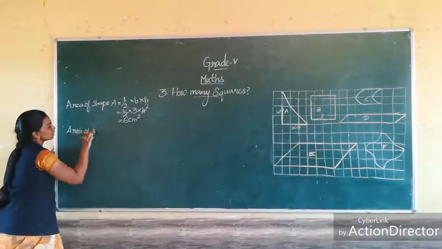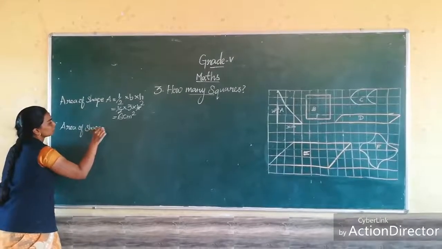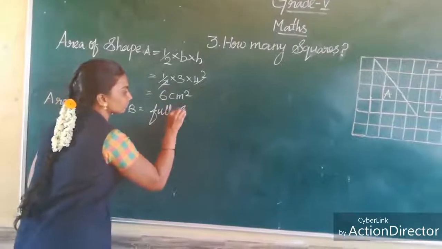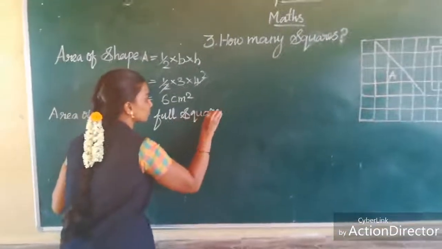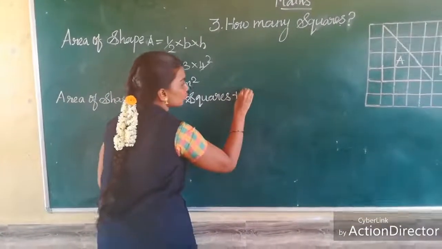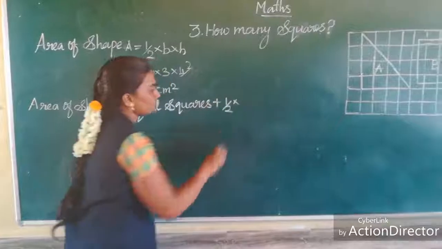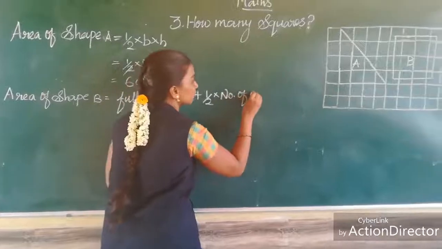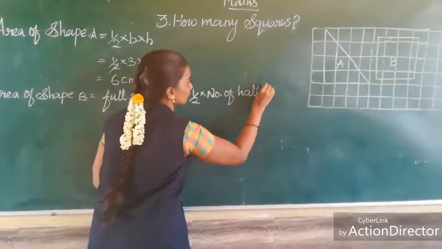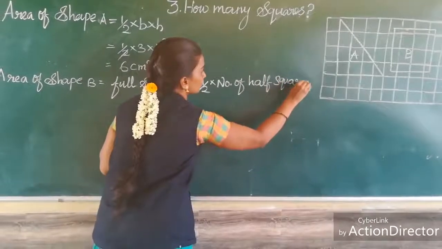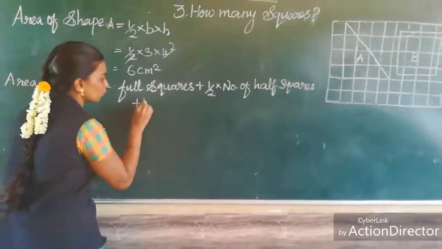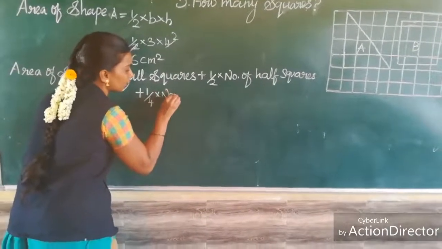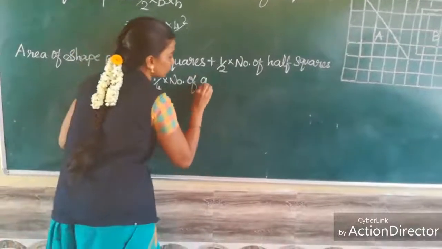Area of shape B: full squares plus 1 by 2, that is half square, 1 by 2 into number of half squares, plus 1 by 4, that is quarter, 1 by 4 into number of quarter squares.